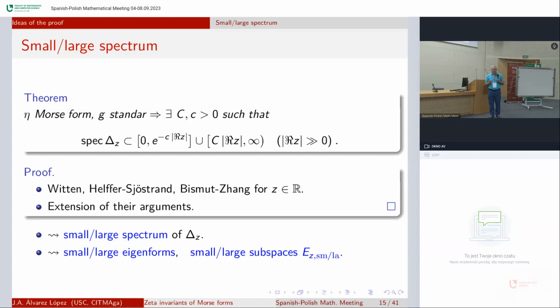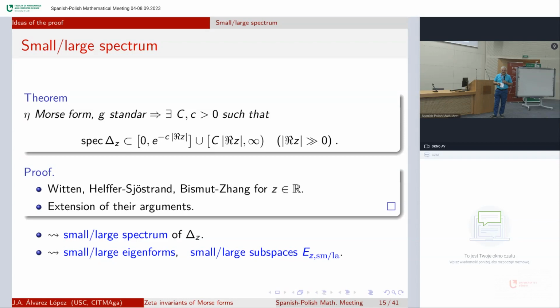Now, with these assumptions, if the form is a Morse form and the metric is standard, then the spectrum splits into two parts. One part is an interval whose top point goes to 0 exponentially with respect to the real part of the parameter c, and the other part, the bottom, grows linearly as the real part of the parameter goes to infinity.